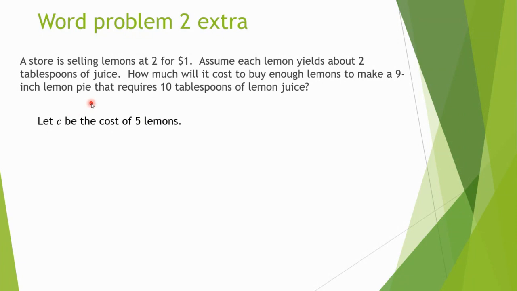I'm going to say let C be the cost of 5 lemons. Well, then we know that 2 lemons cost $1. We want to know the cost of 5 lemons, so 5 lemons is going to cost C dollars. Again, this deals with the cost of lemons, both ratios do, so they're equal.